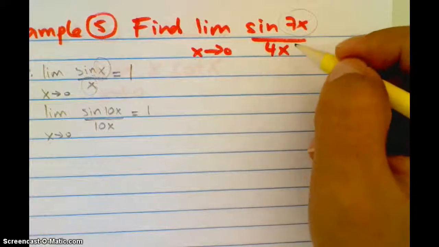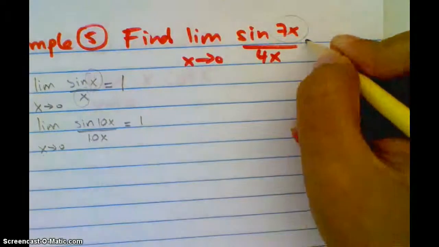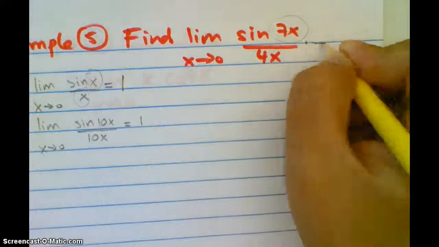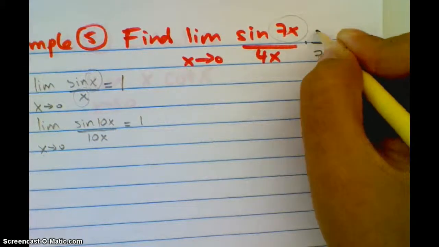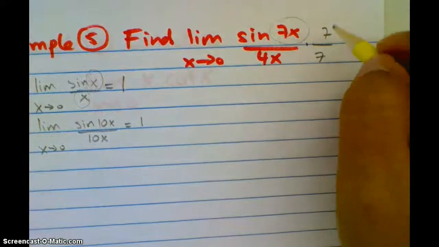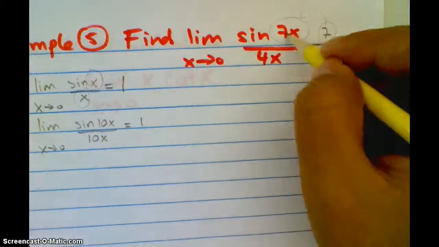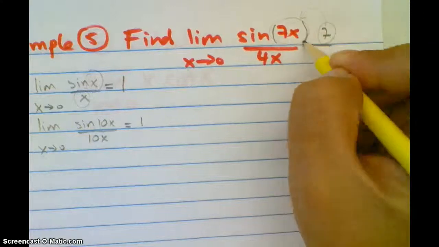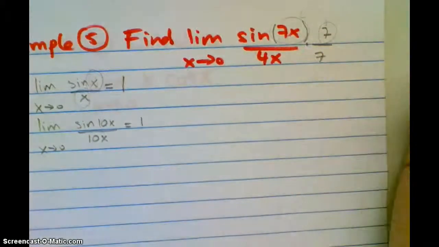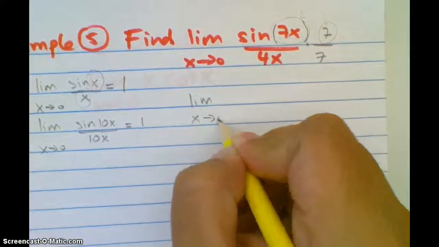Okay, so since I have a quotient, I can say I want to divide by 7 and I want to multiply by 7. Now, because I'm multiplying by 7, notice that this 7 is not multiplying the inside of the sine. This is protected. This is inside the sine function. So when I rewrite that, I'm going to rewrite it this way.